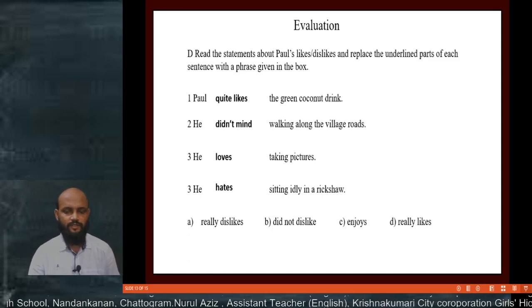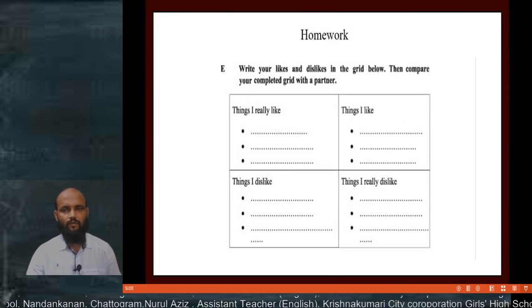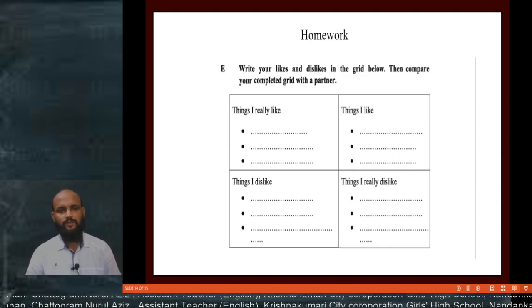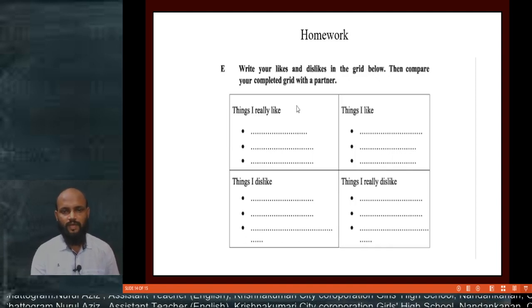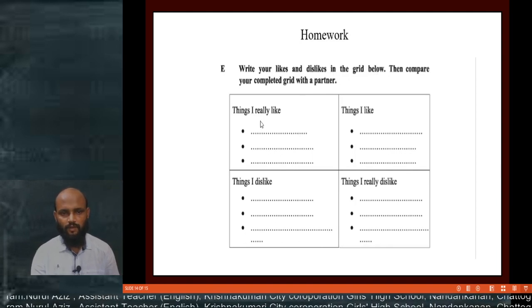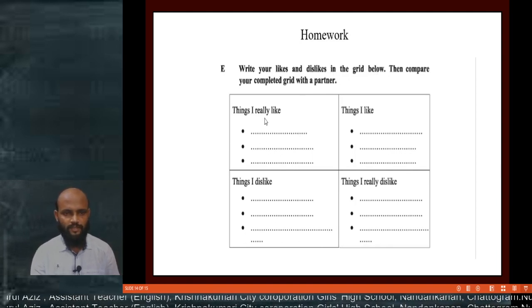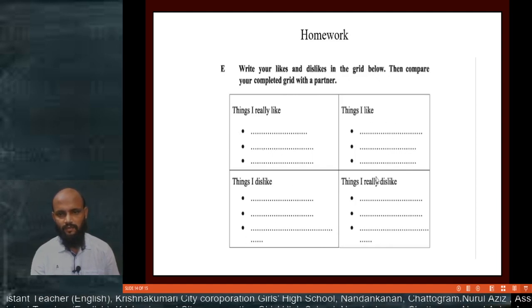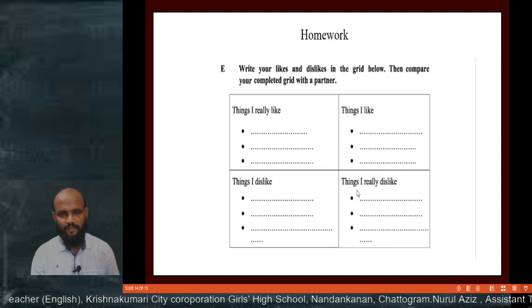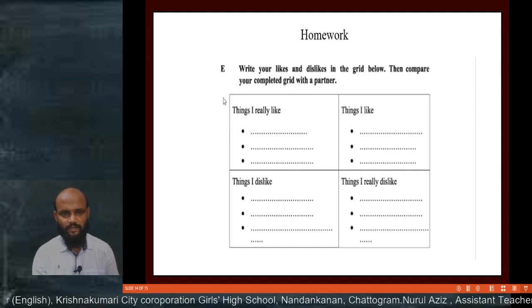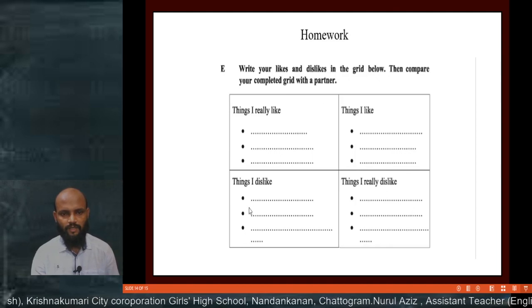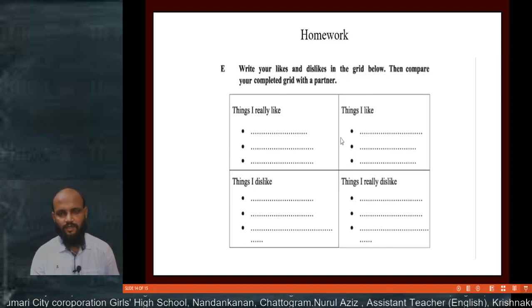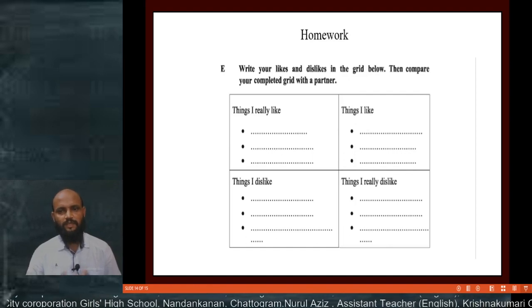This is very interesting. And now we have a homework for you. You can practice this also at home. Write your likes and dislikes in the grid below. Now we know what is really like, what is dislike, what is like, and what is really dislike. Really dislike means hate, really like means love, did not mind means dislike, and enjoy means like.